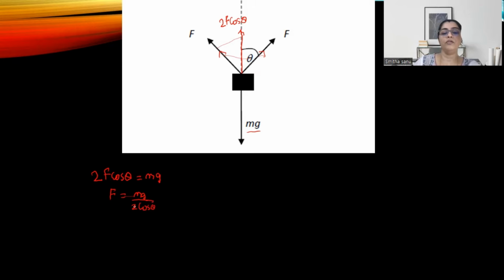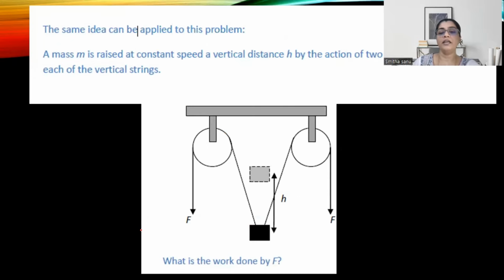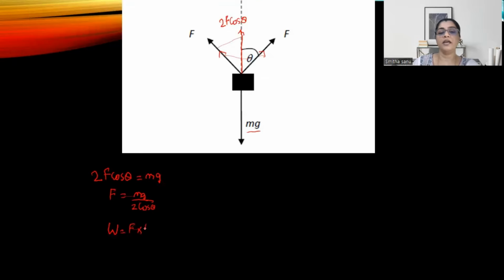If I now go for the work energy equation, work done, conservation of energy, work done is getting transferred as force times displacement. So you know that F is the force and the displacement, if you have seen, is through a height h. So I replace that displacement as h.